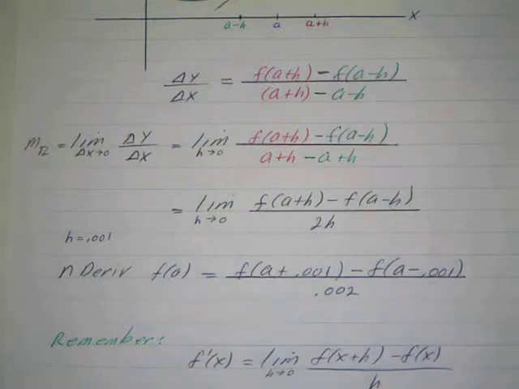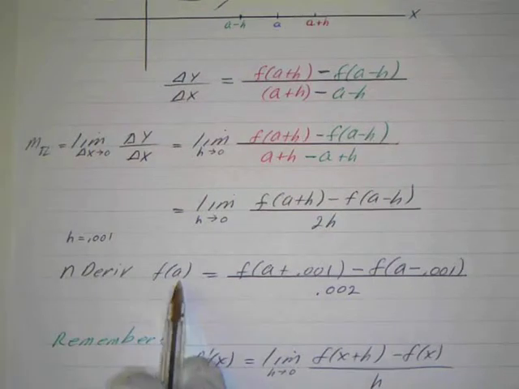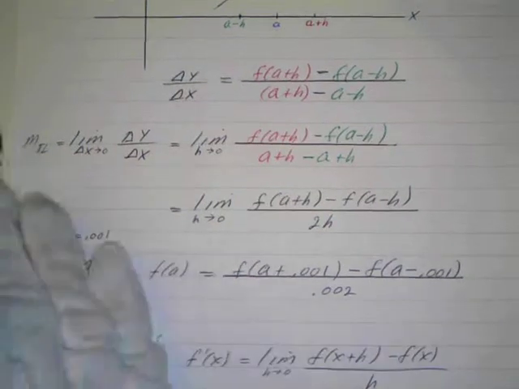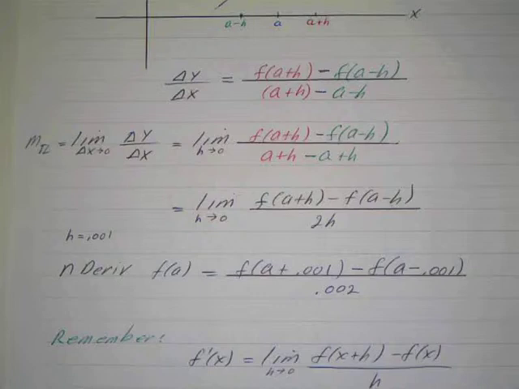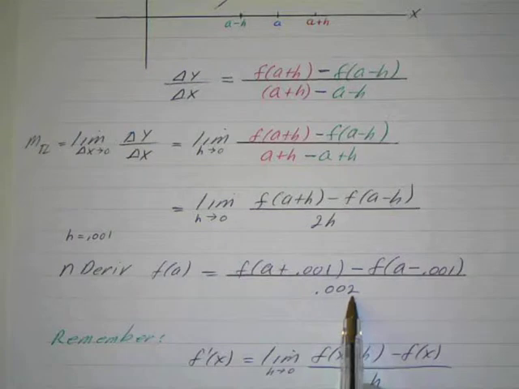It has all this programmed in where it can actually find the derivative of a function at a point, as long as it exists. So this is the numerical derivative of f at a, which actually would be just f prime of a. And again, we just use 0.001 for h, and then 2 times 0.001 is 0.002.